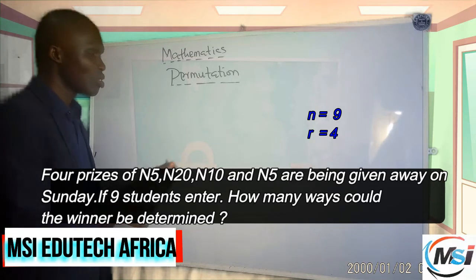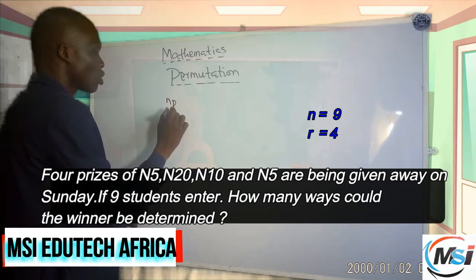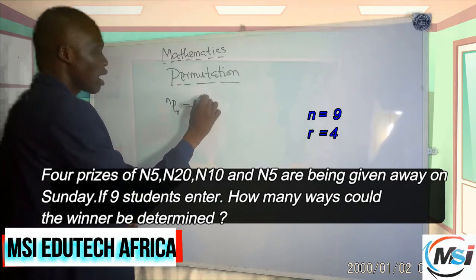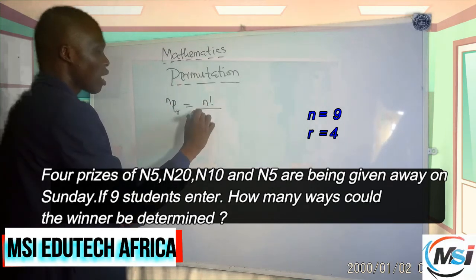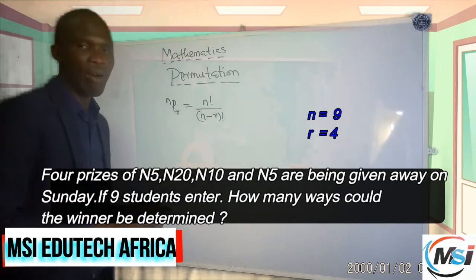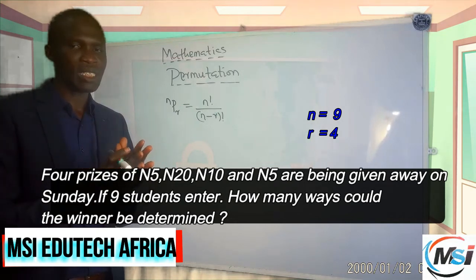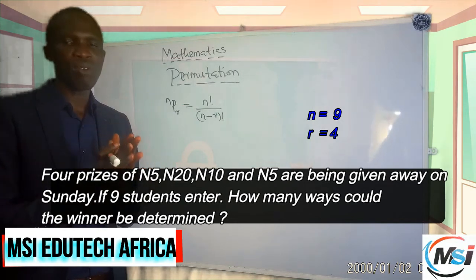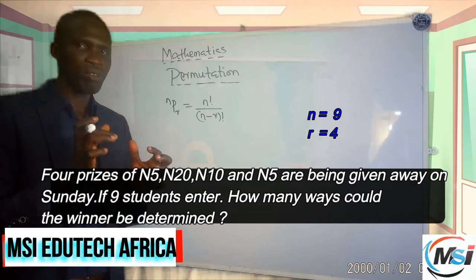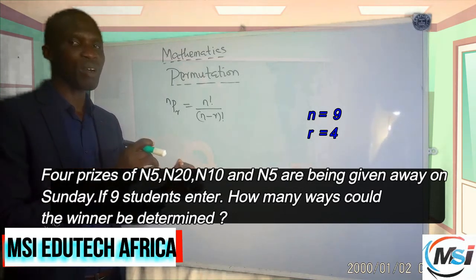Number 1, you need to remember that nPr equals n factorial all over (n minus r) factorial. Now, for us to know the total number of objects, remember the definition, the total number of objects is the same thing as the total number of students.